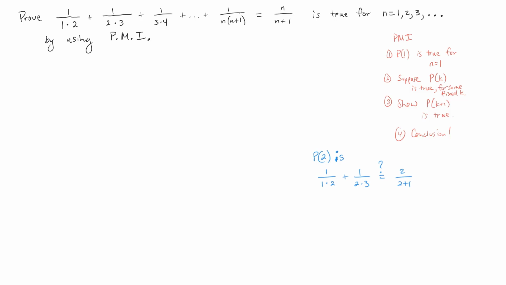Now, how do I know to write 2 plus 1? It says so. Think of it as proposition of 2 says only add up the first two terms, and it better follow the pattern over here on the right-hand side. What would proposition of 3 be? The proposition of 3 would be add the first three terms and see if it follows the pattern on the right-hand side. So if it's the first three terms, then n here would be 3, and that'll be 3 over 3 plus 1. Are you starting to see how there's an infinite number of equations now? What would proposition of 4 be?